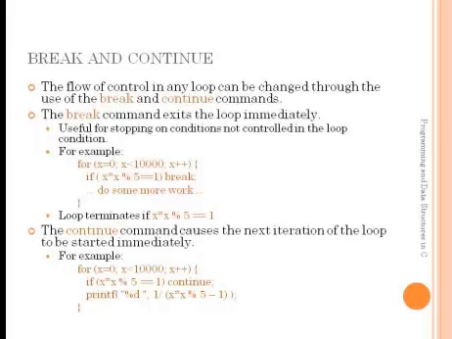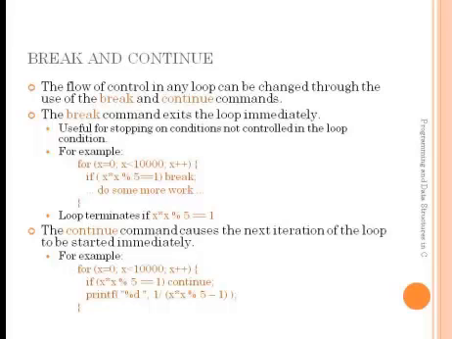That means whenever the if condition is true, it simply terminates the loop and goes to the next statement after the for loop. The loop is terminated whenever x square modulus 5 equals 1. If this condition is true, the loop will be terminated.